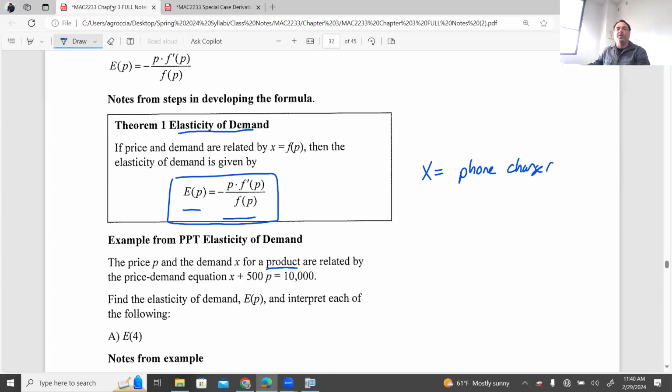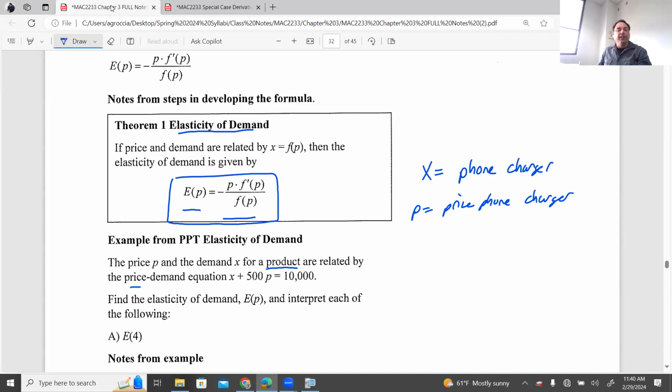So X is the number of phone chargers, and P is the price for a phone charger. So you started a business and you're selling phone chargers, but you're trying to figure out, based on demand, how much to charge for that phone charger.